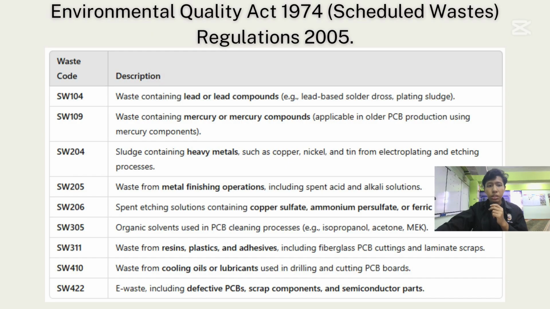So here is the Schedule Waste of the Environmental Quality Act 1974 Regulation 2005. We got SW104 for waste containing lead or lead compounds, SW109 for waste containing mercury and/or mercury compounds, and many more. You can read it for yourself.